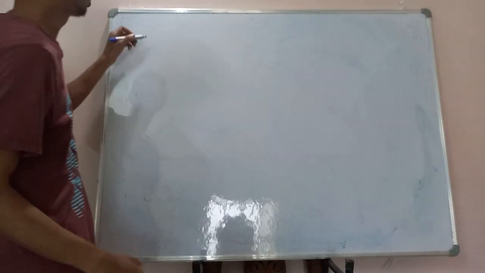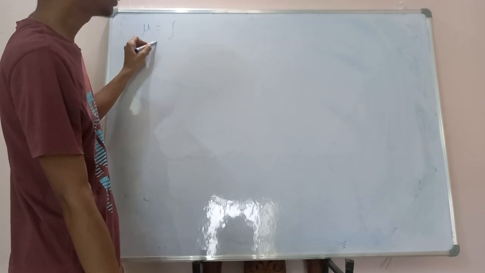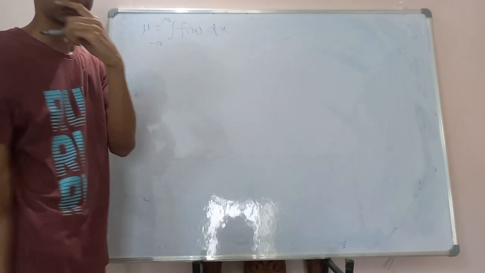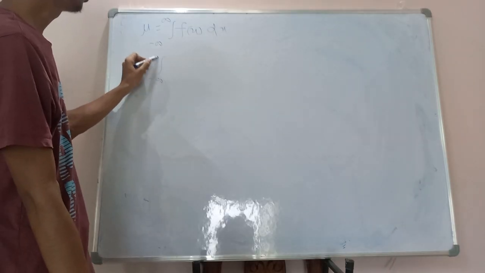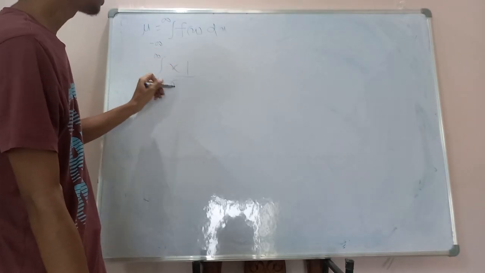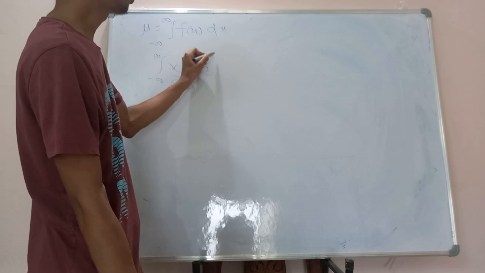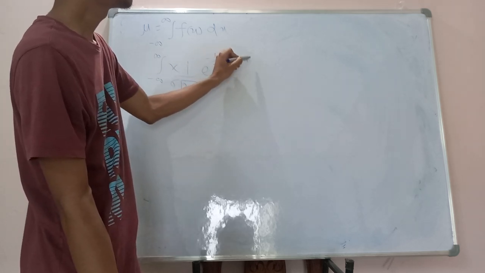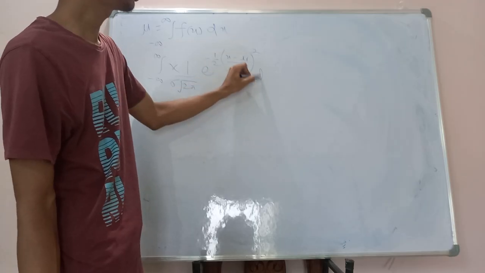Suppose I have mu is equal to the integration from minus infinite to plus infinite of x fx dx. So it will be given as minus infinite to infinite x, right, 1 by sigma root 2 pi and then e to the power minus 1 by 2 x minus mu by sigma square, right, and then dx.